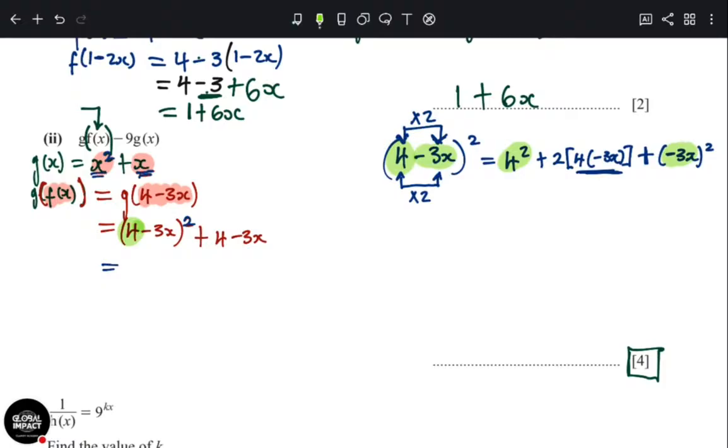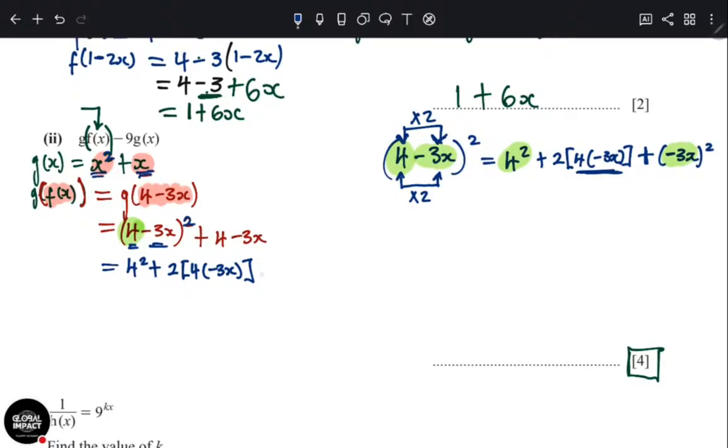So let's do it. We square the first term, that becomes 4 squared. Then we say plus, always say plus. Then you double 4 by negative 3x, okay? This 4 by this negative 3x. Then we double them.